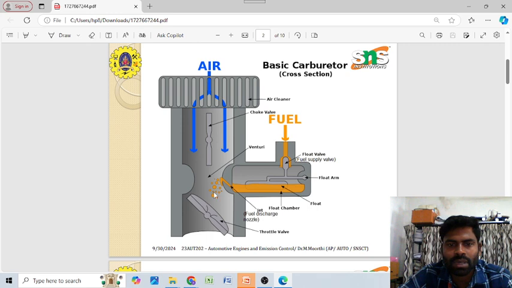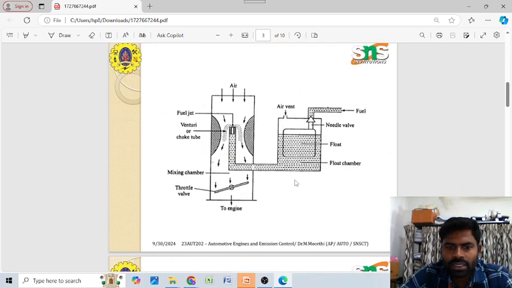This is the basic requirement and working of any carburetor: the fuel is stored in the fuel tank, atmospheric air is sucked into the chamber, fuel from the tank is supplied, and with the throttle valve the air and fuel are mixed properly in the required ratio and supplied to the engine. So this is the simple diagram.